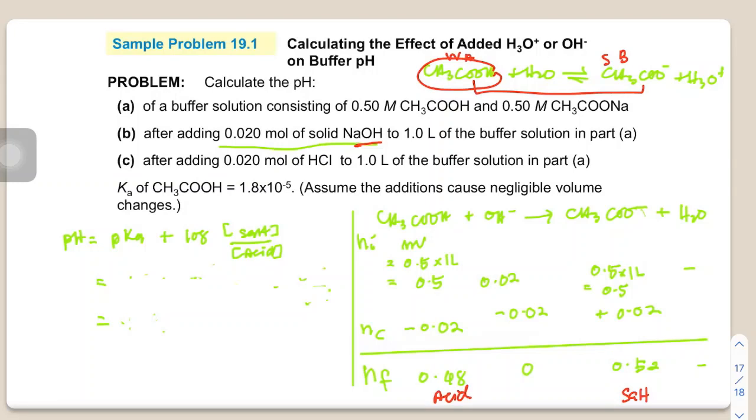Then the concentration final, so that 0.48 divided by the volume, which is 1 liter. So the concentration is also the same as the number of mole. Same goes with the concentration final of the sodium acetate, which is 0.52 molar as well.